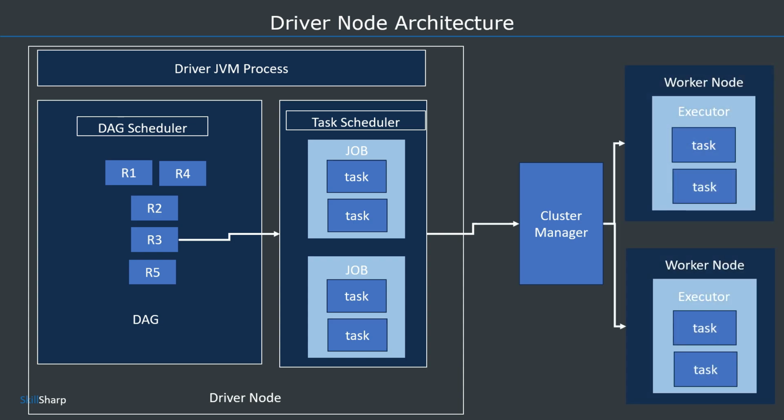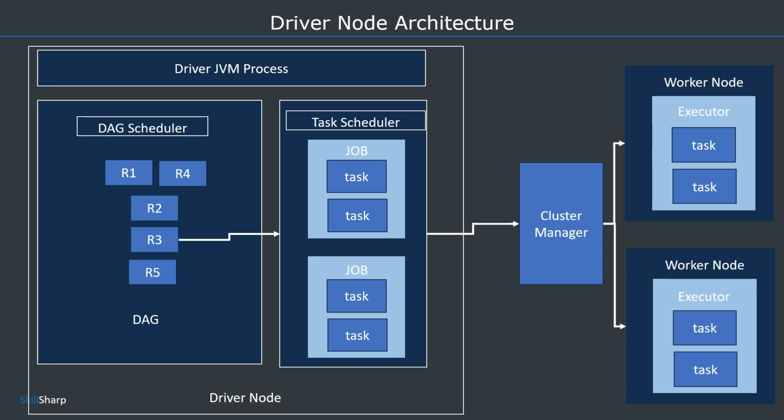Then your worker nodes process all those tasks in different executors and in different slots. So a task is the very fundamental unit of processing in your Spark application or distributed processing application.